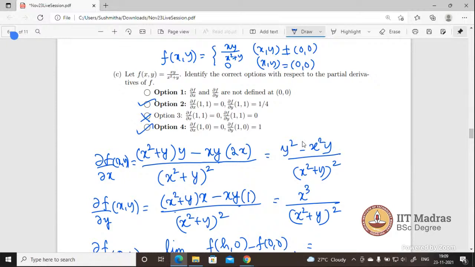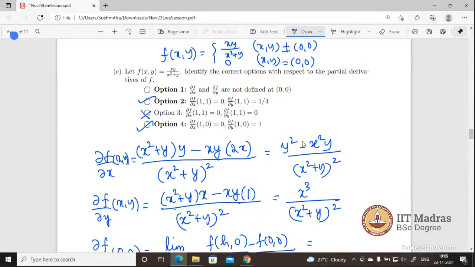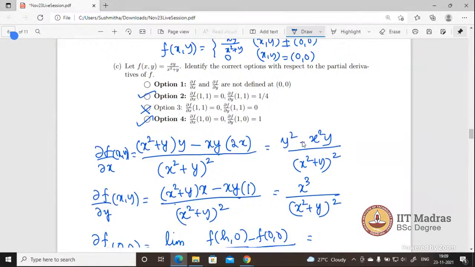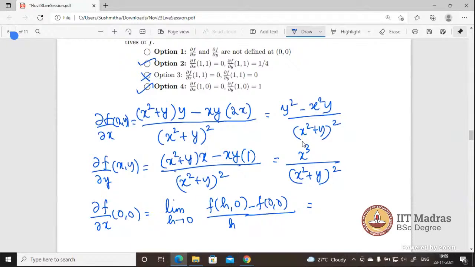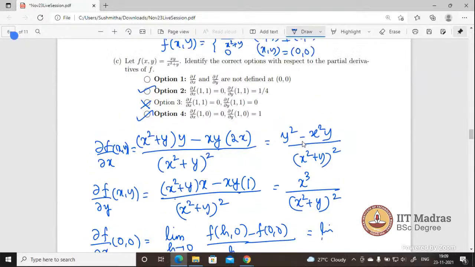Okay, so now what is f of 0, 0? f of 0, 0 is 0, right? Yes, ma'am. So I'll have limit as h tends to 0 of f of h, 0 upon h.